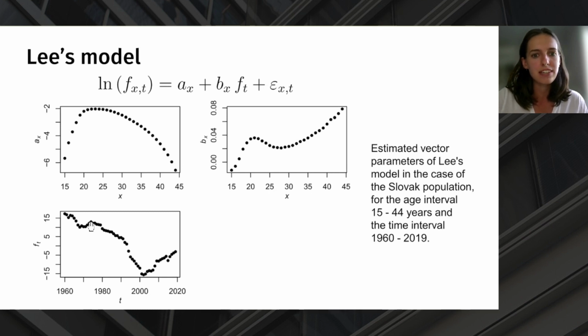Next, there was a gradual decline in the f_t coefficient between 1980 and 1990. Then there was a steep decline in fertility rates around 1991 to 2003.